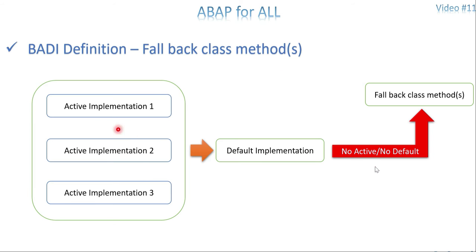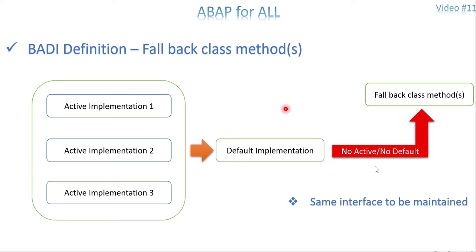The common thing to be maintained is this: every implementation may have a different class, and you have one more additional class over here. Every class has the same interface, whatever custom interface you maintained. Every BADI implementation has a custom interface, so whatever you maintain needs to be implemented in all the classes.